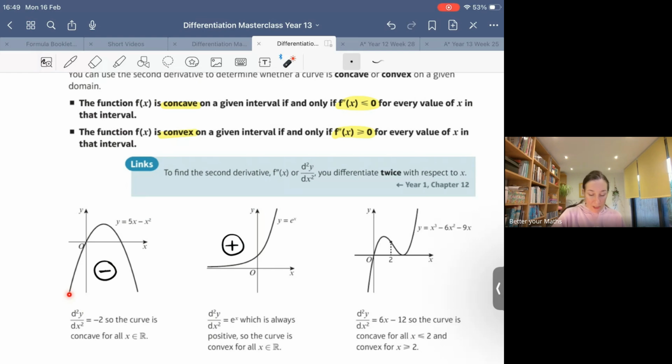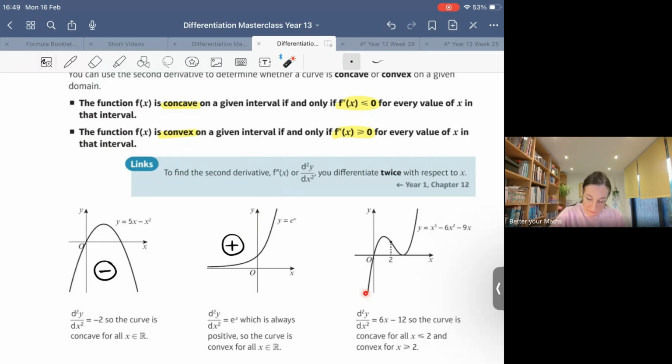So a function is concave when it has this form, kind of a mountain thing, yeah? And it's convex when it's more like a container, yeah? The second derivative here is negative. The second derivative here is positive, yeah?